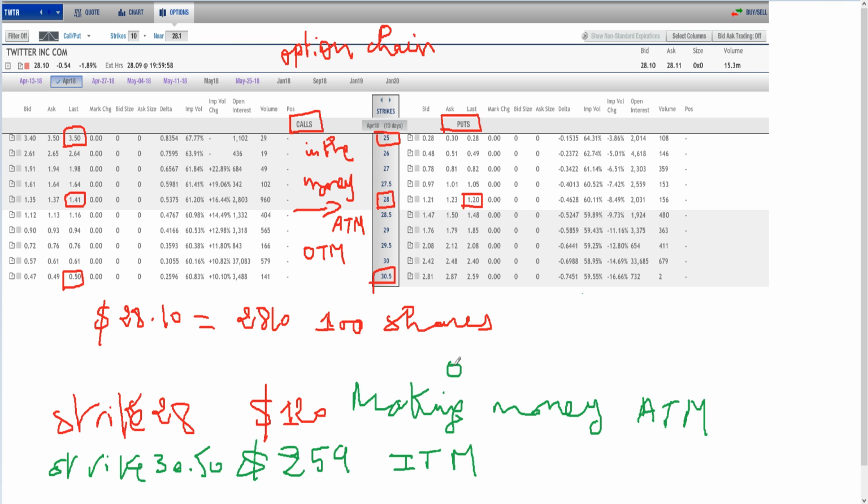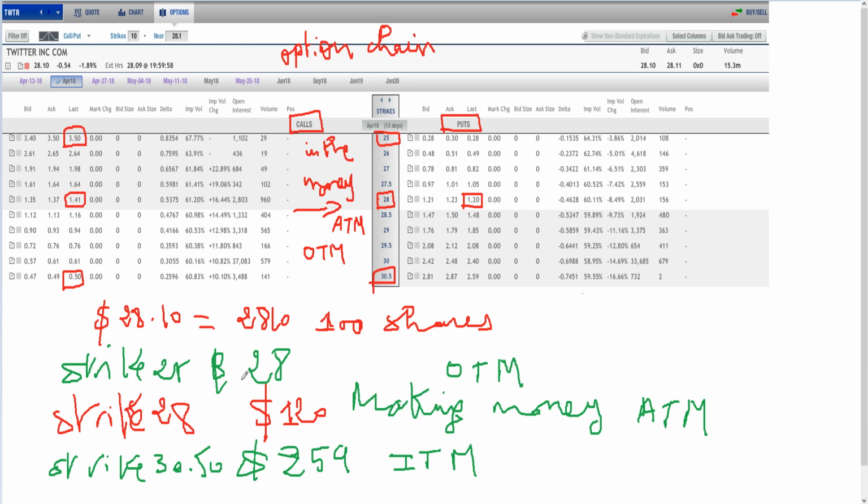And if you want out of the money, what does it mean out of the money? It means, for example, you say $25 is your strike. So how much do you pay here at the last, for example, 0.28 or 0.30, it doesn't matter. Oh no, you pay only $28 or $30.